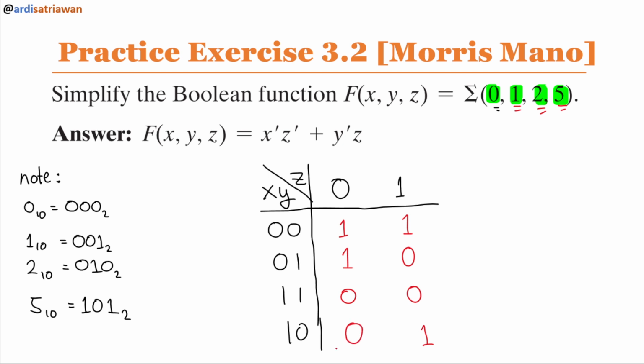Now what can we do from here? We can circle the adjacent ones. I think this one and one here is adjacent, so we can circle this one here.